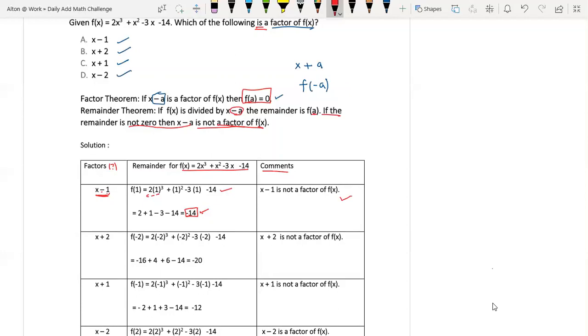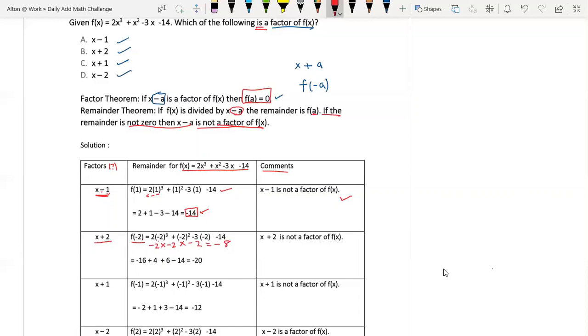Now I've structured the problem in such a way that we're going to practice with example number 2, which is your possible factor x plus 2. Again, watch how we substitute f of minus 2. Take your time with the expansion. Minus 2 cube is minus 8. Multiply by minus 2, giving us minus 8.